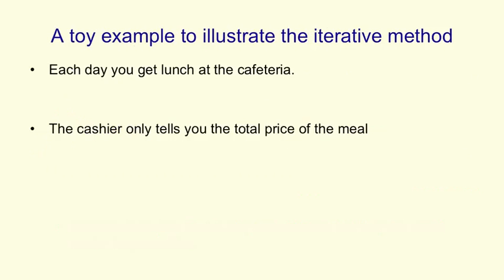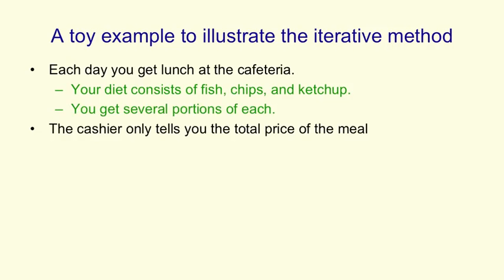So I'm now going to go through a toy example that illustrates an iterative method for finding the weights of a linear neuron. Suppose that every day you get lunch at a cafeteria, and your diet consists entirely of fish, chips and ketchup. Each day you order several portions of each, but on different days it's different numbers of portions.